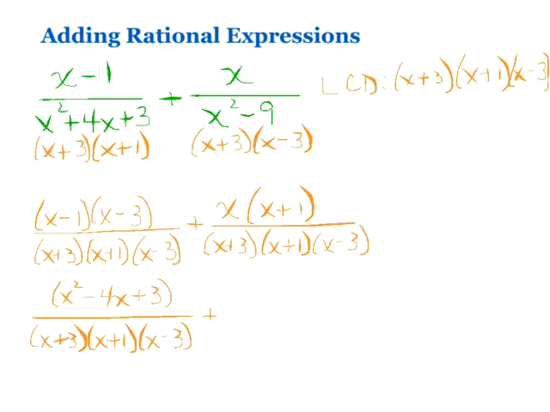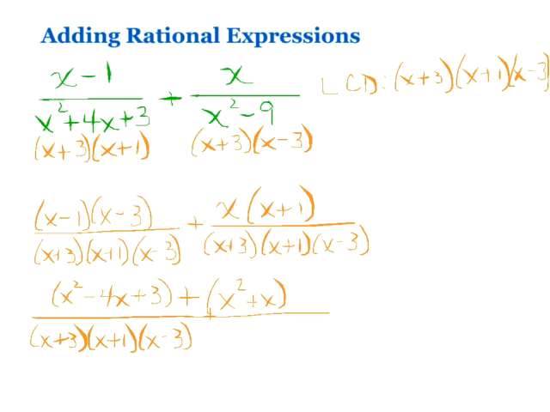Okay, then I'm going to distribute the x here and also put that in parentheses. So really, I just want this line to continue on, put my plus up here. So this, my second numerator, will be x squared plus x. And all of that is over this denominator.